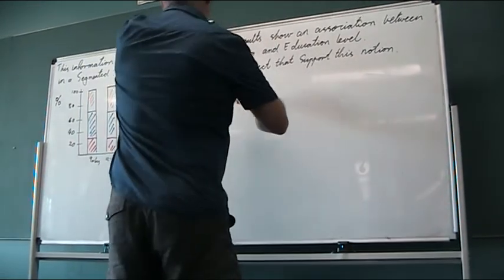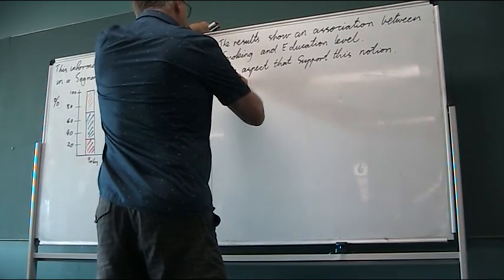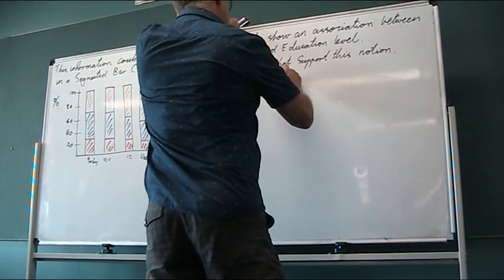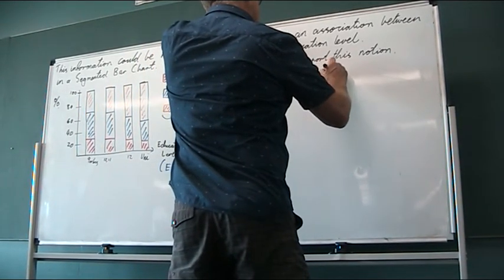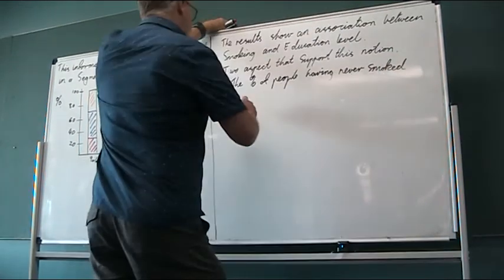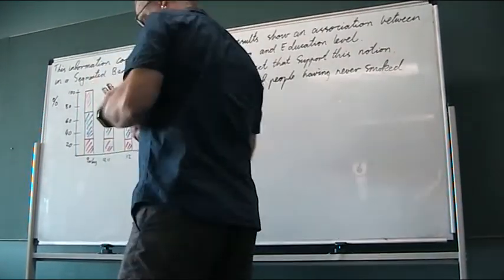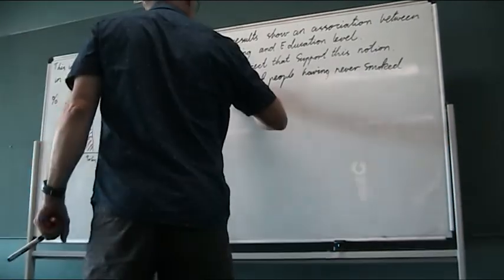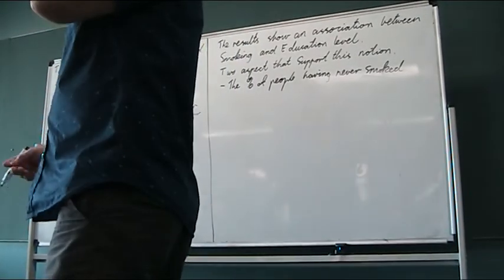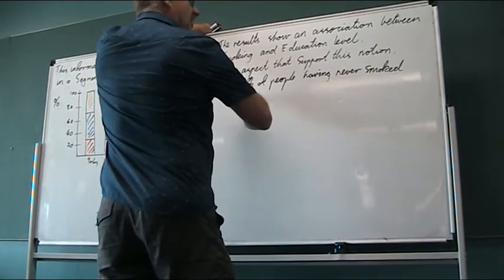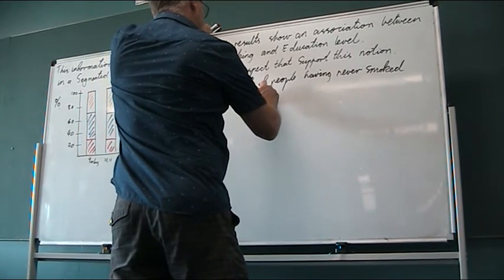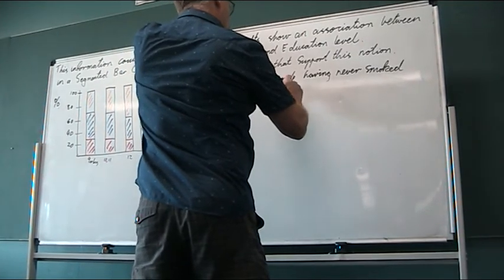So if we're looking at what I looked at before, our never having smoked, you can say that the percentage of those who never smoked increases when we use the data from 9 or less to uni. Having never smoked increases with education level.